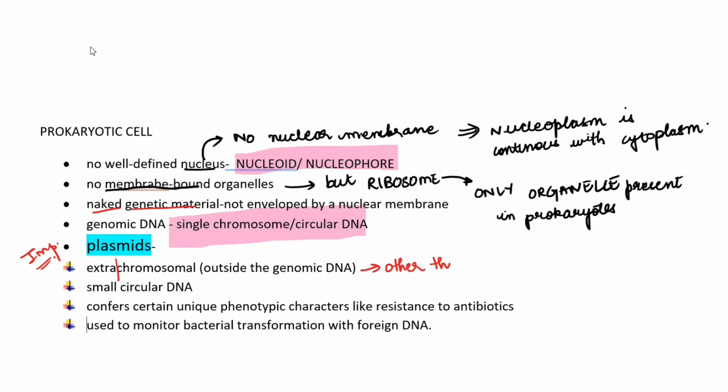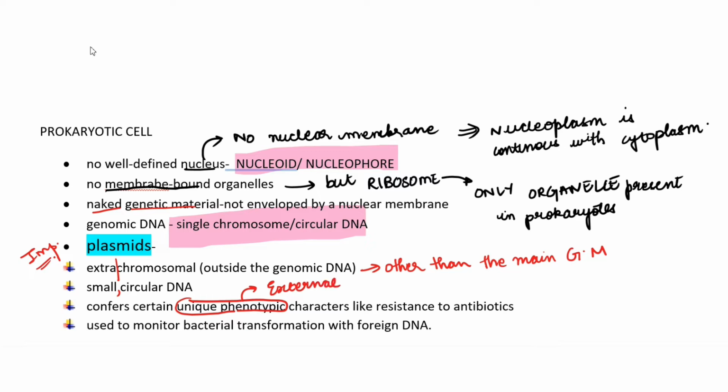Extrachromosomal means outside the genetic DNA, outside the main genetic material. A small circular DNA. So a plasmid is an extrachromosomal small circular DNA, and it confers unique phenotypic characters like resistance to antibiotics. Phenotype means external morphological features.